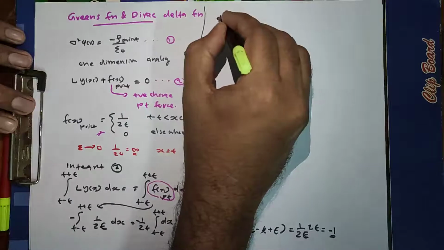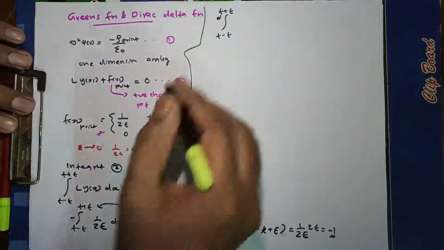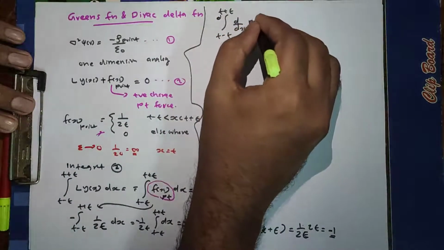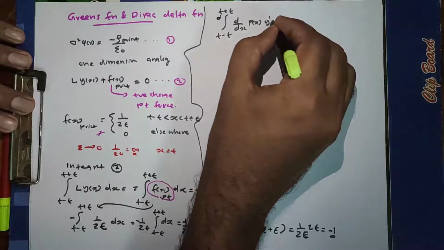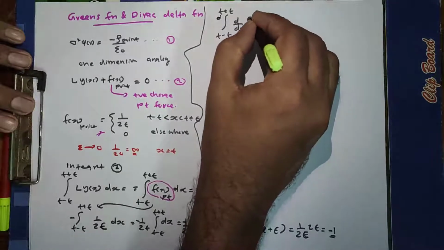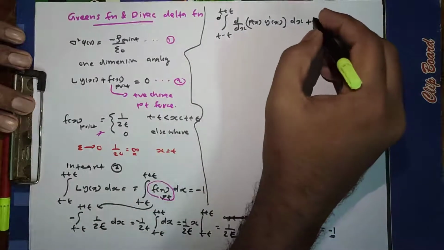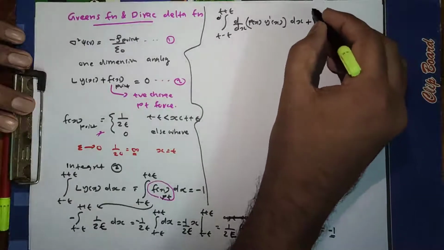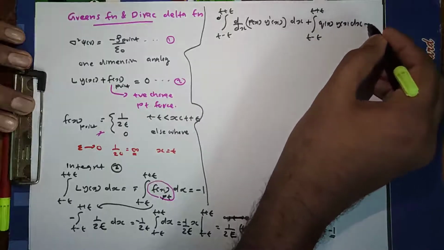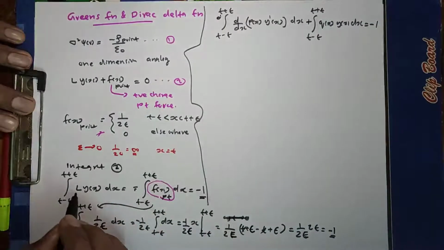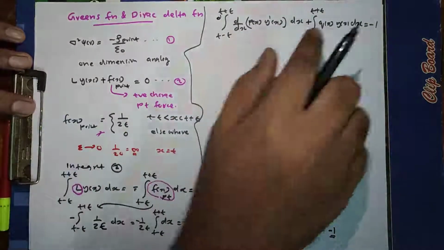The L operator is the Sturm-Liouville operator, d by dx of p of x into dy by dx, that is y prime of x, plus the next term, q of x into y of x, dx, which is equal to this minus 1. So I have substituted for our L, the Sturm-Liouville operator, written as two terms.